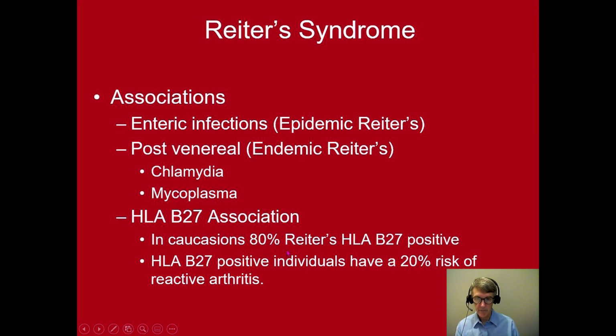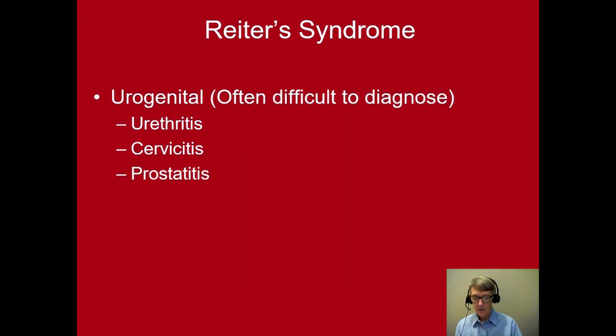About 80% of patients have it, and HLA-B27 individuals have a 20% risk of getting a reactive arthritis. There can be urogenital involvement: urethritis, inflammation of the urethra; cervicitis, inflammation of the cervix; or prostatitis. And so in these patients, it's important to, number one, get a urine to see if there's urethritis, see if there's white blood cells in the urine. Patients should probably have a pelvic exam or a prostate exam.